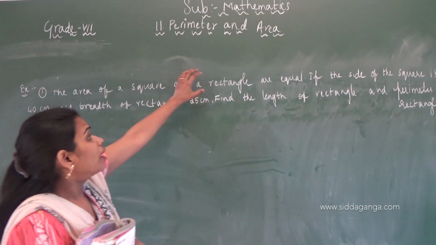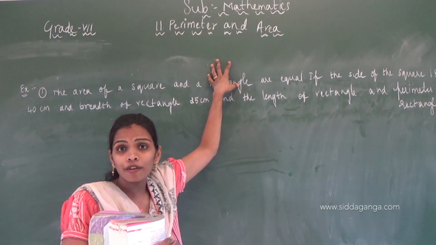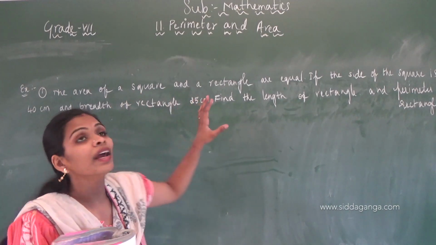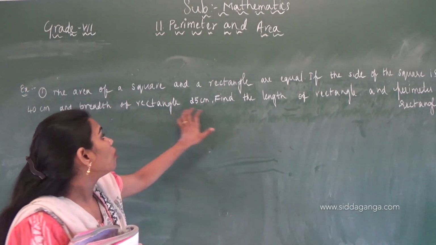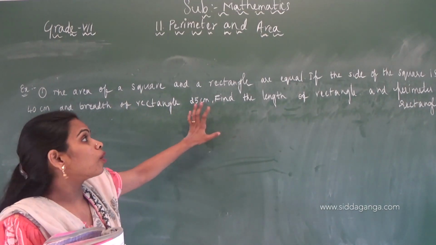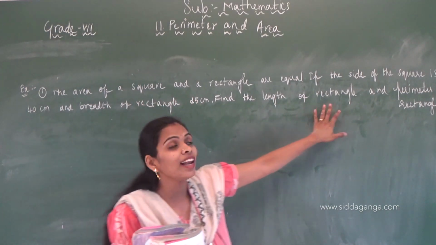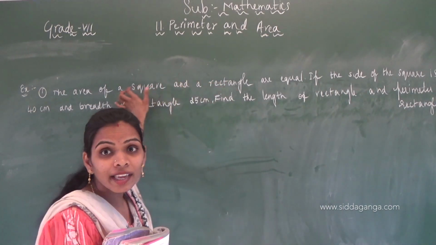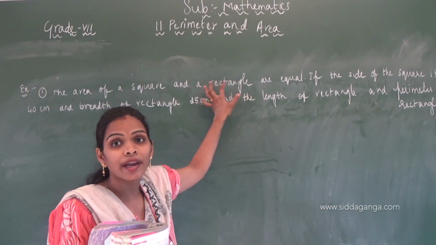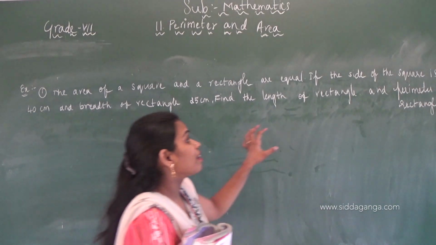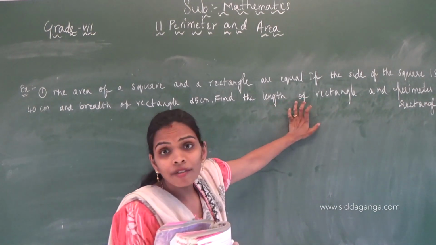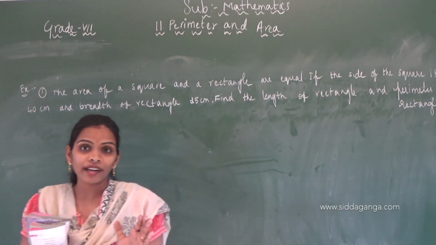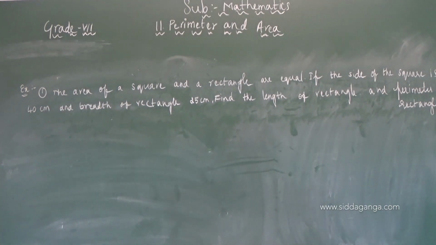For the rectangle, the area formula is L into B. We know B, but we don't know L. First we have to find L by equating the areas of the square and rectangle. By equating the areas, we get the length of the rectangle. By using the length and breadth of the rectangle, we can find its perimeter.